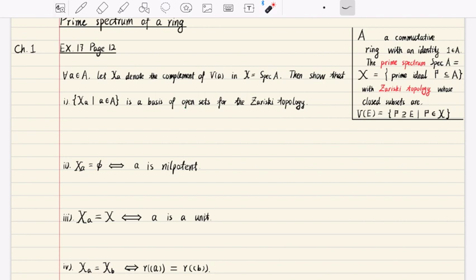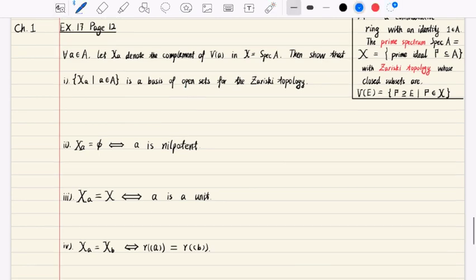So we need to prove the collection of all these XA is a basis for the topology. Here, each XA is defined as the complement of VA, the closed subset of the spectrum given by the prime ideals containing one single element A, and we want to show it is a basis.